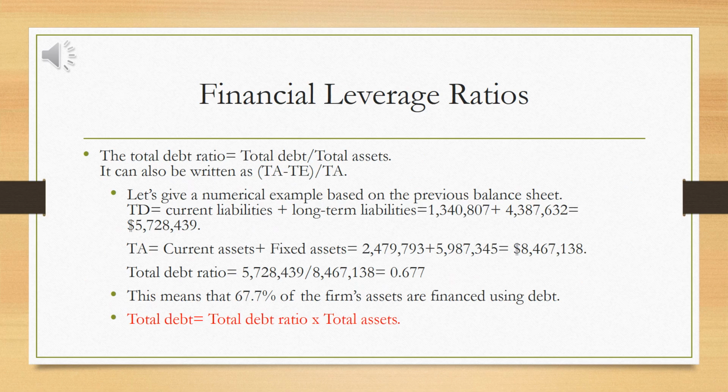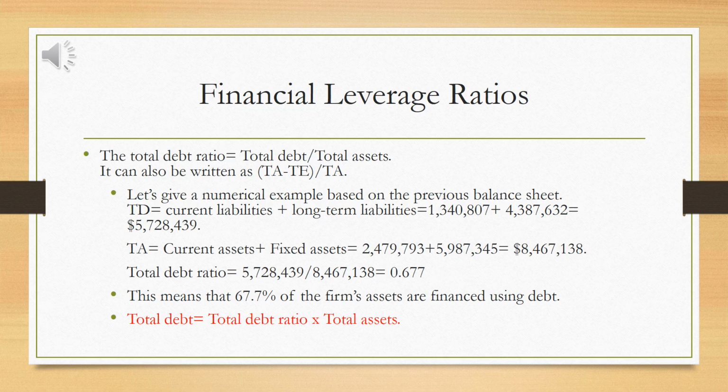The total debt ratio equals total debt over total assets. Since total debt equals total asset minus total equity, then the total debt ratio can also be written as total asset minus total equity over total asset.